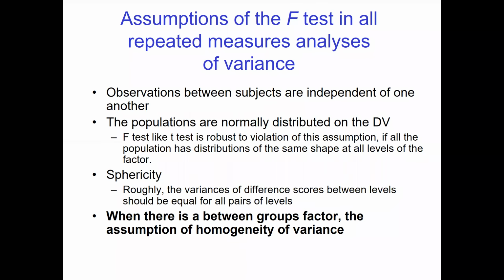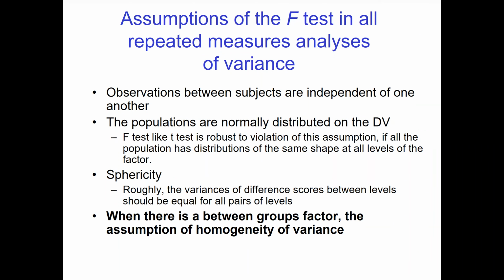So while the repeated scores of case 1, for instance, are contingent on one another, a person's change over time has an element of being individually that person. The multiple cases are not related to each other. The populations are normally distributed on the dependent variable.